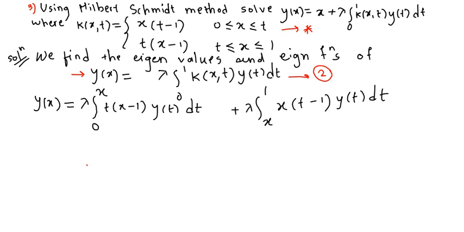Once we get those, we can easily solve equation 1, because for that we have the nice formula given by the Hilbert-Schmidt method, that series form depending on the values of lambda. But to find the eigenvalues and eigenfunctions, we will have to use the boundary value problem.